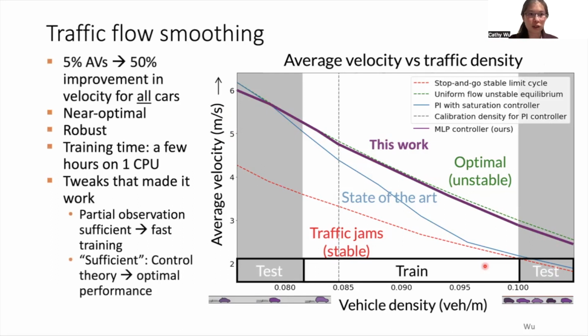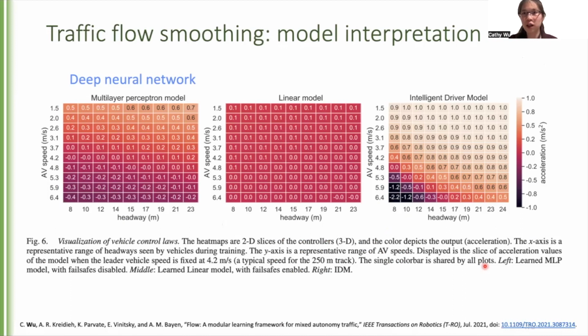Good. So I'll skip through the details a little bit. We were also able to interpret some of what's going on. So here, to provide a bit of interpretability, we can look at the degree of acceleration. Recall the action is acceleration, for 3 different models. Here we have a deep neural network, a linear model, as well as IDM.